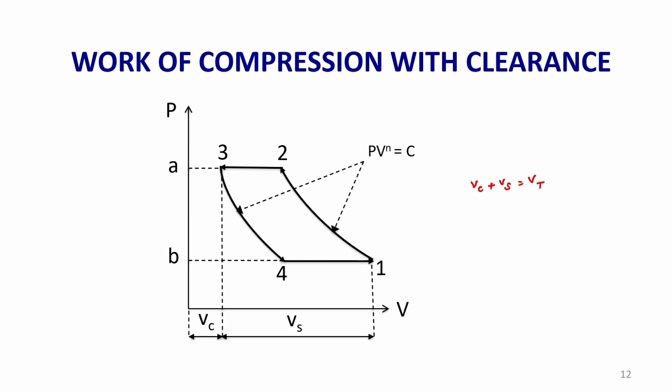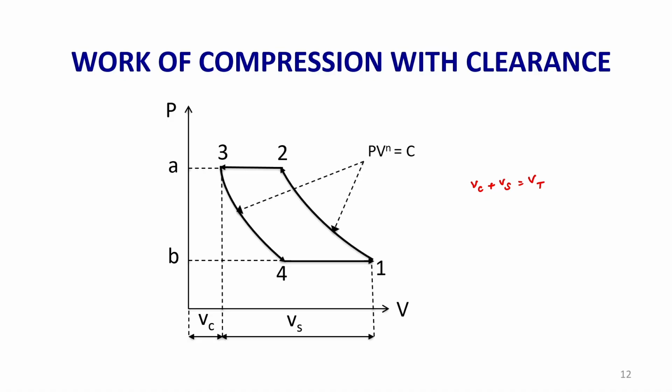And V1 minus V4, this is the effective swept volume, or the actual volume swept by the piston inside the cylinder, that is in actual operating condition. It can be referred to as an actual volume or an effective swept volume, but swept volume is V1 minus V3.